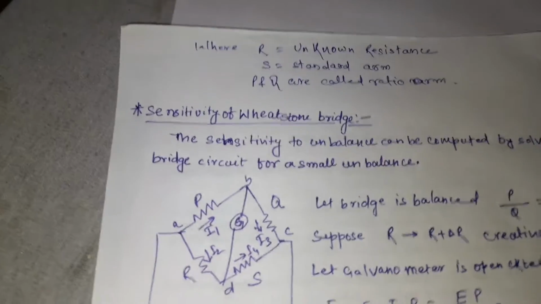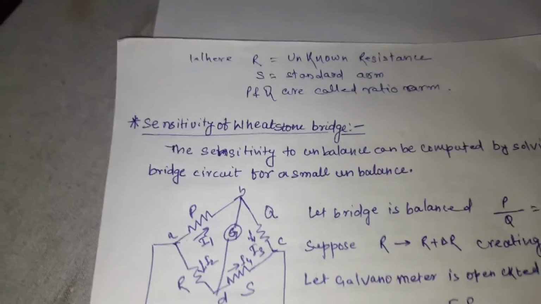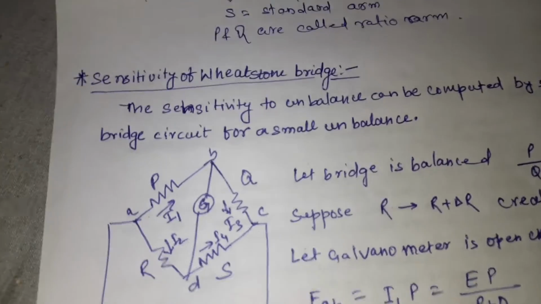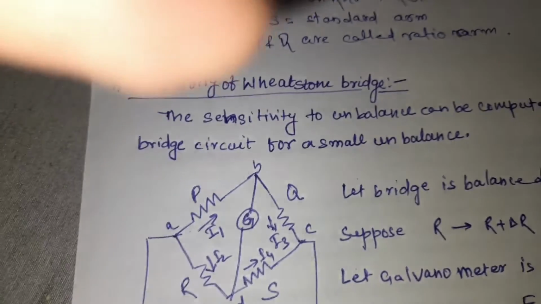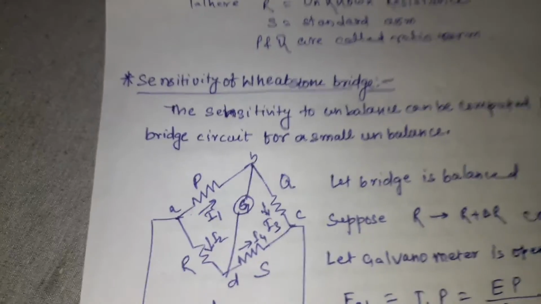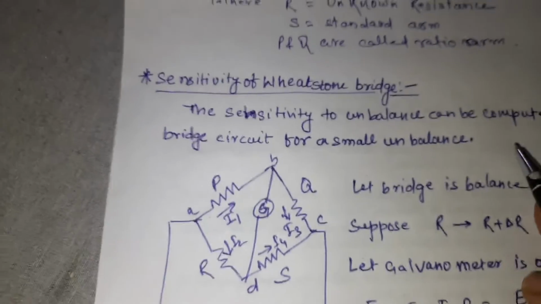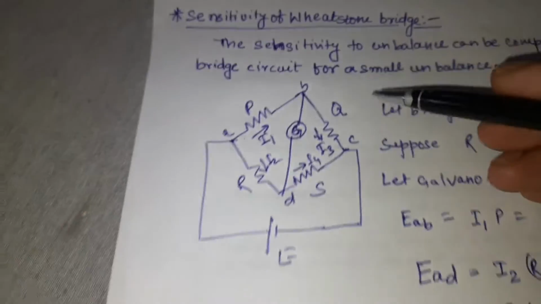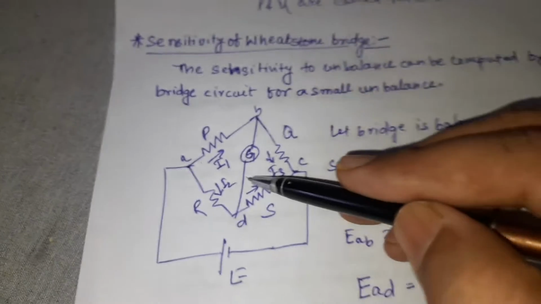And next, now we are at BTech level, so we have to measure the sensitivity of the Wheatstone bridge. A galvanometer is one type of current sensitive device. So practically it is very difficult to find the null point, that means zero deflection.